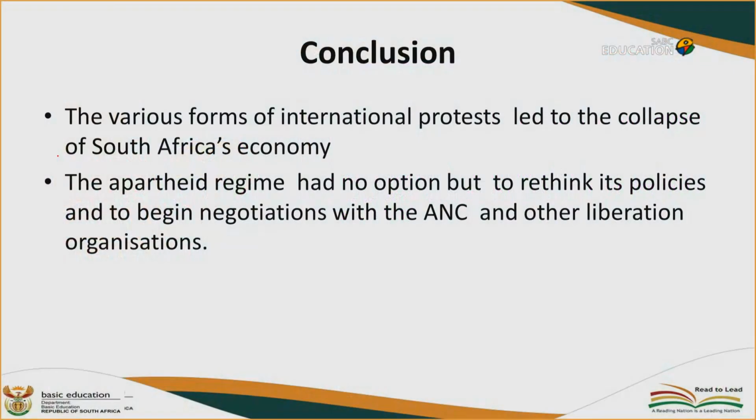Then we can thus say various forms of international protest led to the collapse of South Africa's economy. And the apartheid government had no option but to rethink its policies and to begin negotiations with the ANC and the other liberation organizations. I hope you understood what I have been trying to highlight to you.